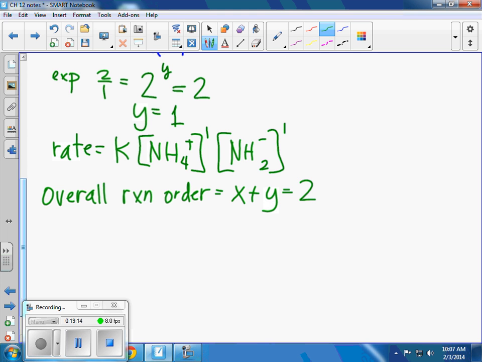So they might ask you for your rate law expression, your overall reaction order, and the third thing they'll ask you to find is the value for K. Okay? So you need to calculate K.